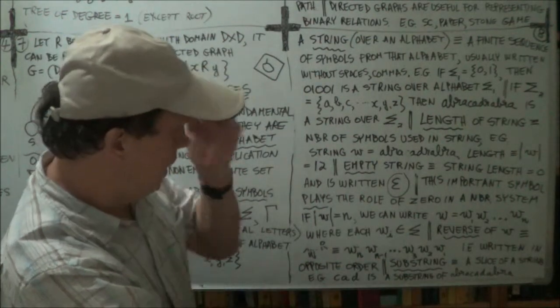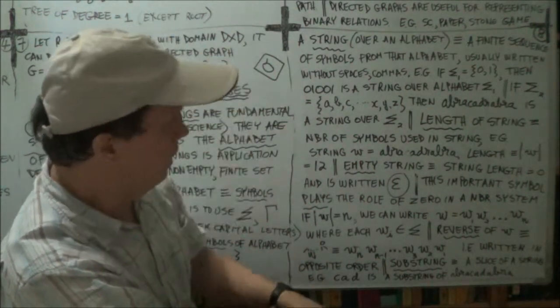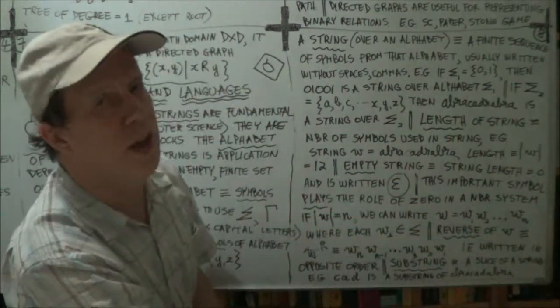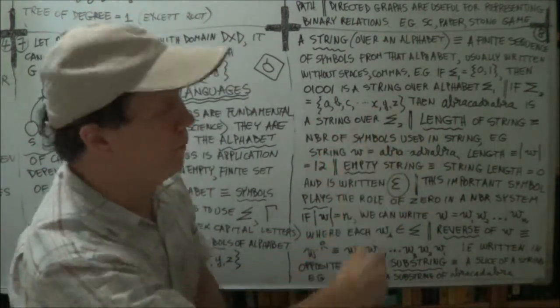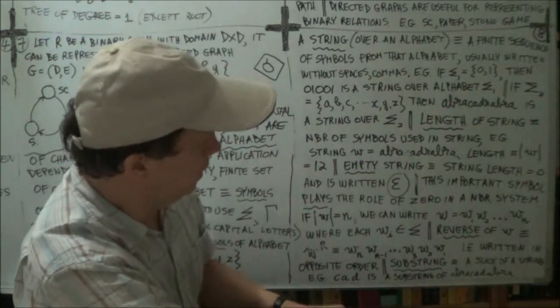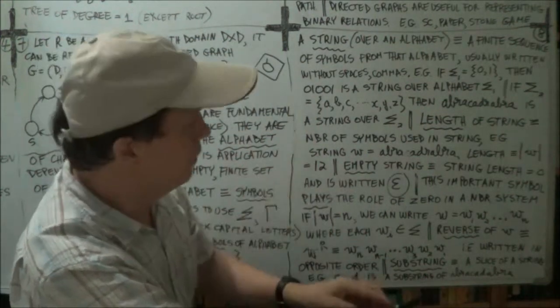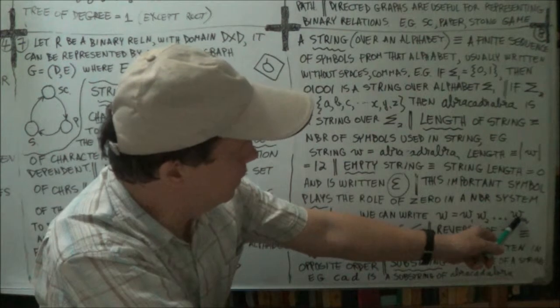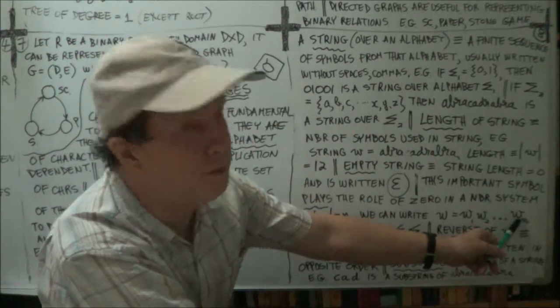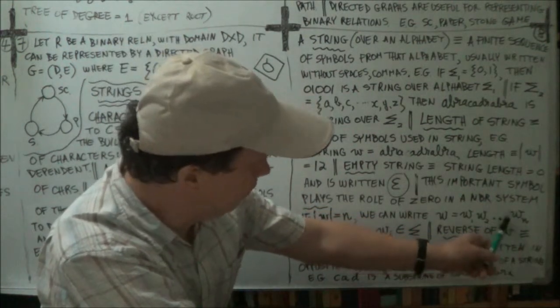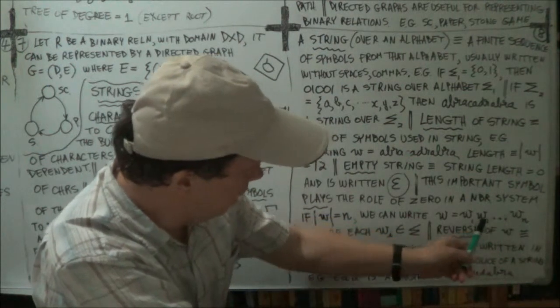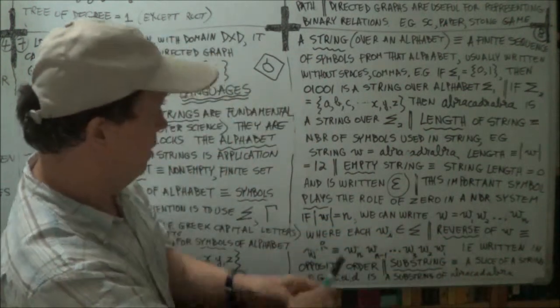Right? Now, you can take a string of this form and you can reverse it. So, in other words, you change the order. So this symbol here would now be the first on the left-hand side, and the second one would be the one here, and the third one, and so on. So this one would be the last. Okay?